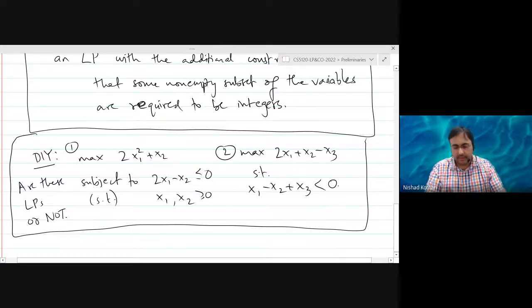That's a good point. So most of the algorithms that are there for, let's say, minimum cost perfect matching, or another problem we'll be seeing in this course, shortest path, most of them are actually based on linear programming itself.